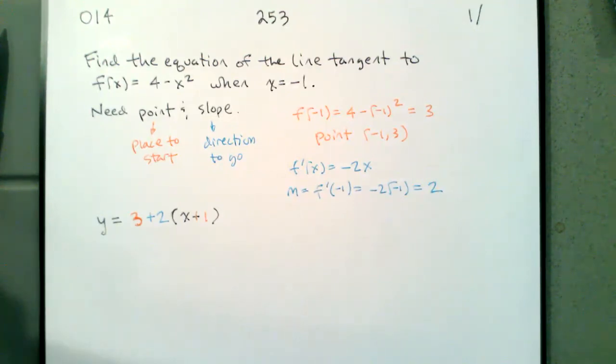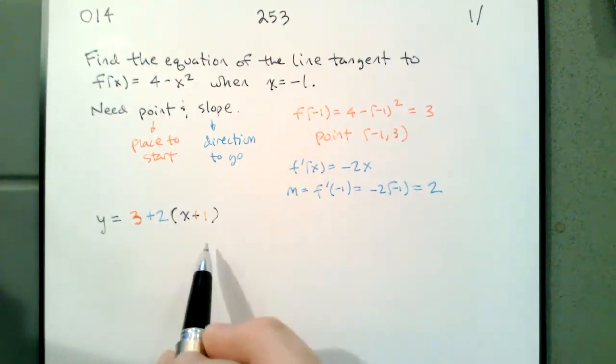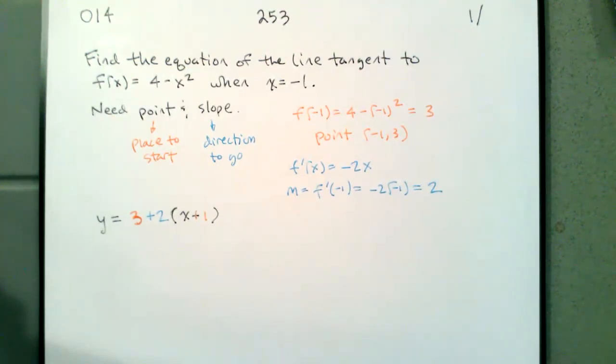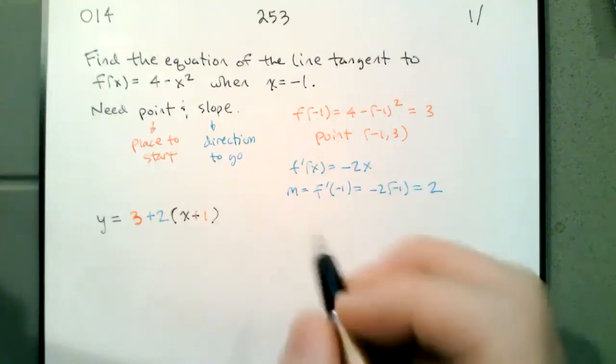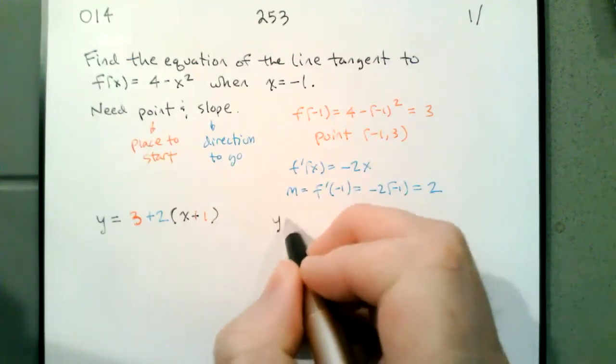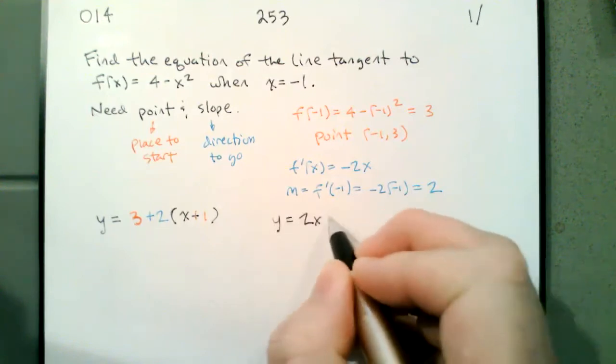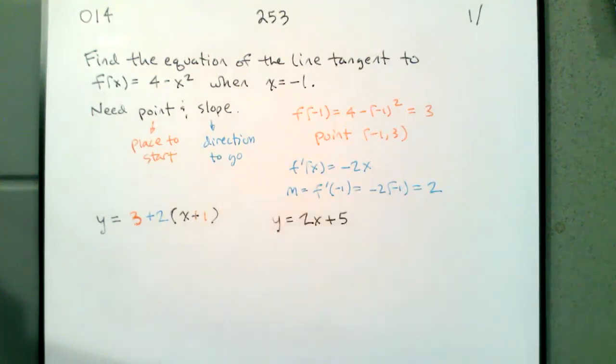Now, I'm willing to bet most of us did not write this line. Most of you wanted to do some extra calculations because you like risk taking, and you want to risk making some minor mathematical error that tanks your whole problem, and you wrote this problem in slope-intercept form. So what's the intercept? Is the intercept 5? Yeah, it must be 5. So you probably wrote y equals 2x plus 5.